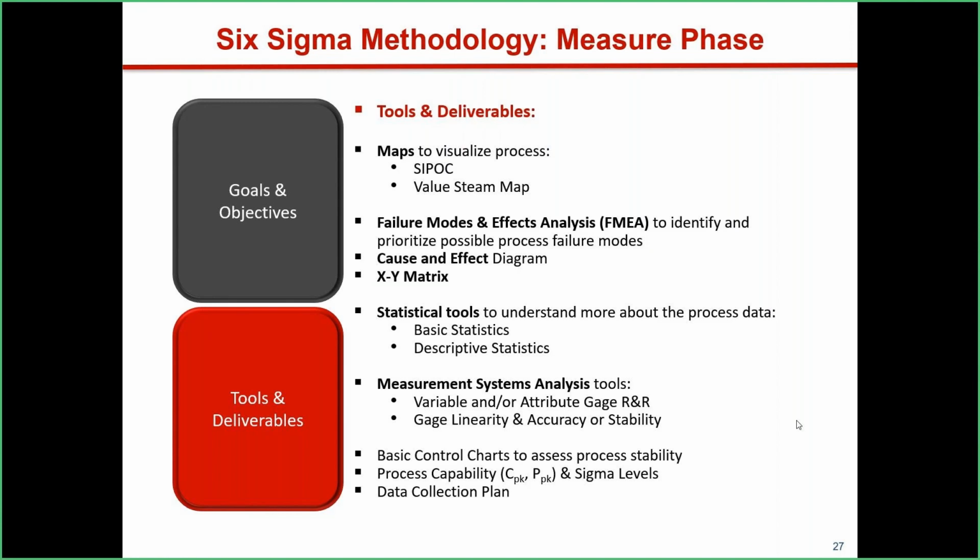Then we will also learn failure modes and effects analysis, FMEA, to identify and prioritize possible process failure modes. Now, what is a process failure mode? I'll just give you a heads up, not go too deep into it. I'm driving a car. The car stops suddenly. What can be wrong with the car? There is no fuel, one.